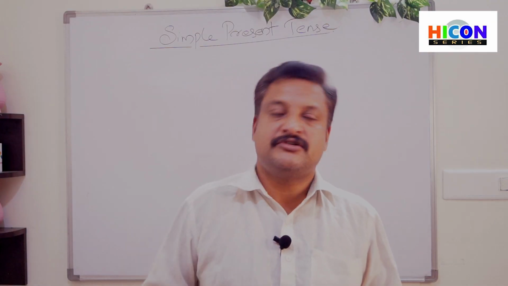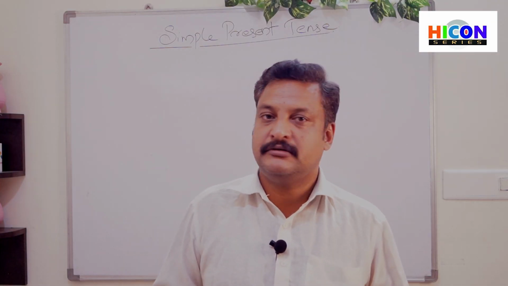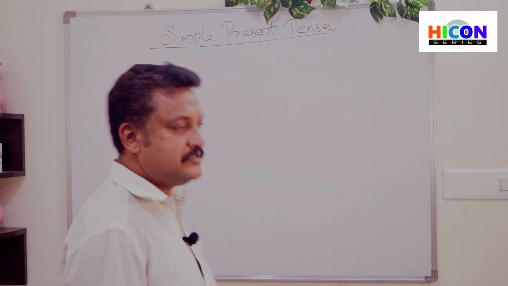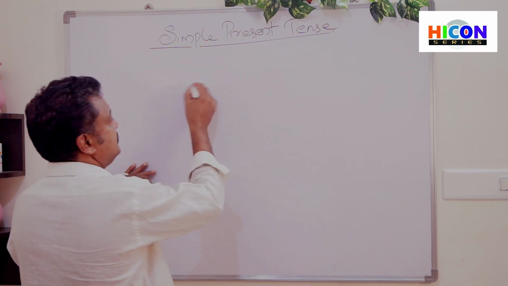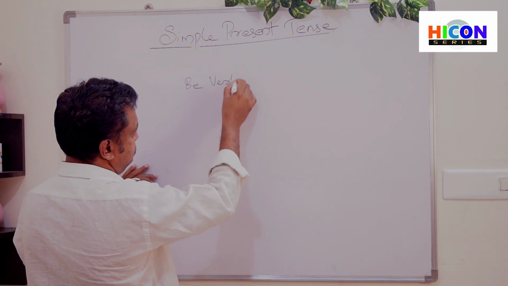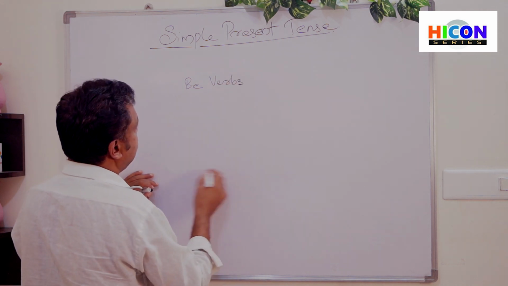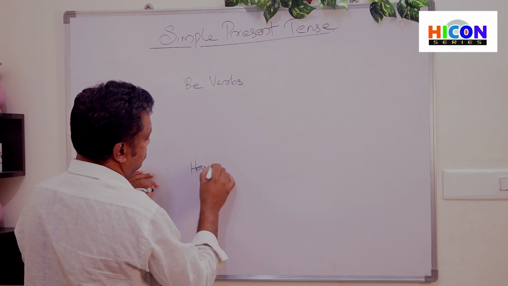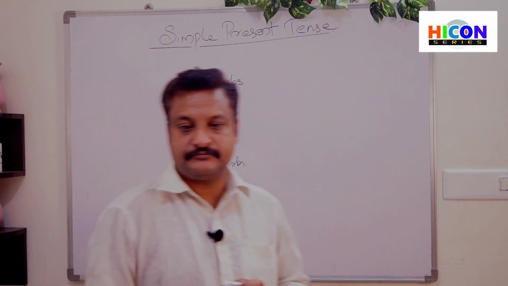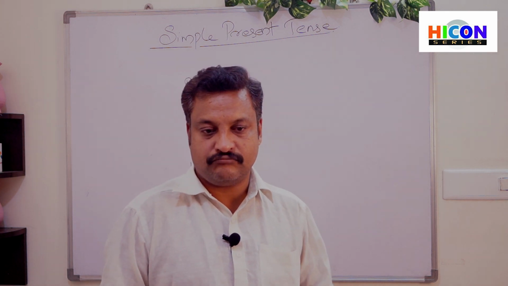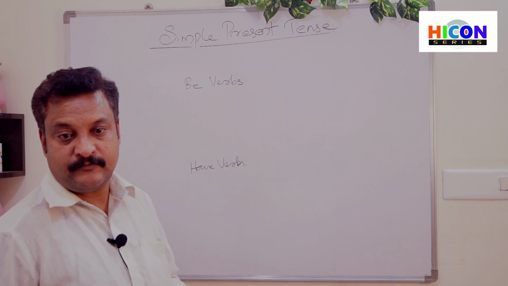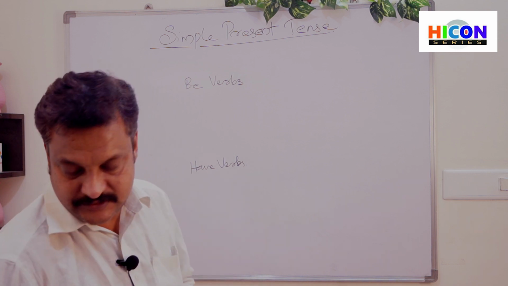So there are two kinds of verbs that we use in the simple present tense. They are known as be verbs and have verbs. Be verbs and have verbs.